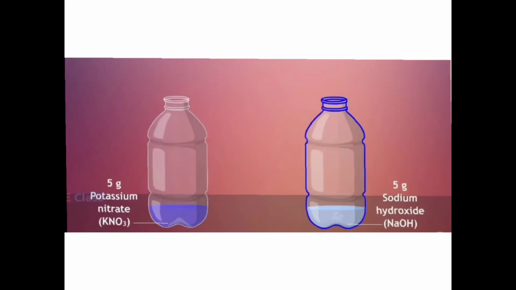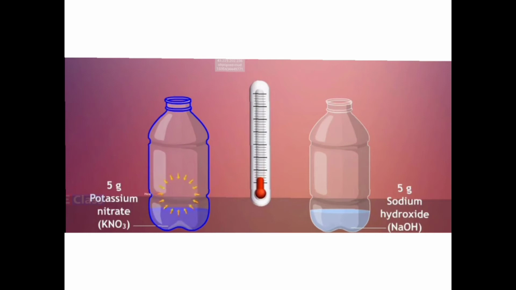In one bottle you take 5 grams of potassium nitrate, and in another bottle you take the sodium hydroxide. So you have one chemical, KNO3, and another chemical, NaOH. Already there is 100 ml of water, and in that you add these 5 grams.